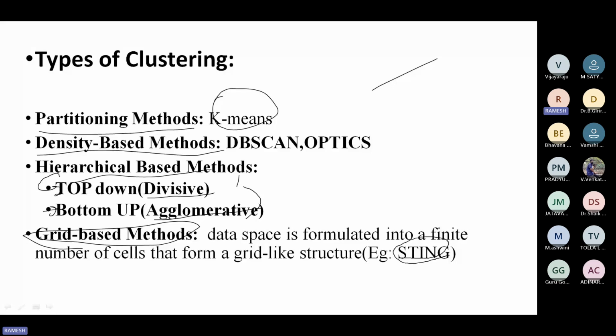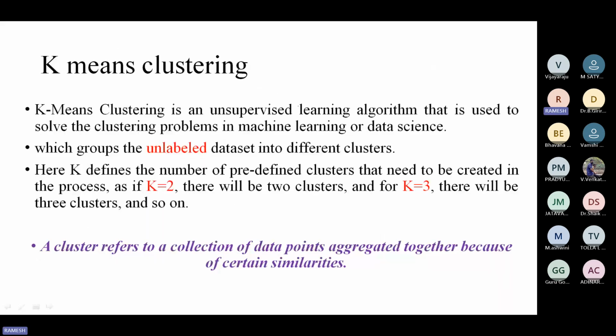So today we are going to discuss the k-means clustering algorithm. It's a partition based clustering. Here also we need to find the best k value. The k value will decide how many clusters, meaning how many partitions you are going to make. If k value is 3, my intention is to make them into 3 clusters.